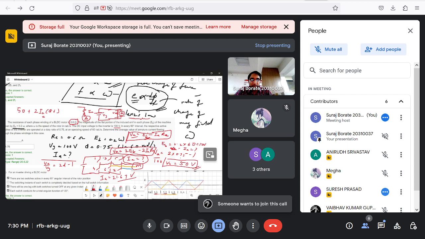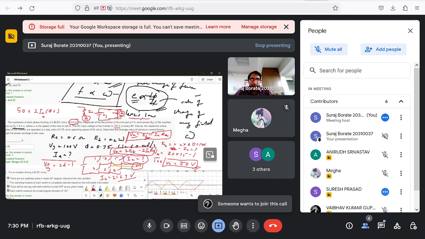But the answer that is given is IA RA plus EB. If you use this formula, you will get the right answer, but I am not very sure about this formula. I am missing something, or ideally it should be in this way. Okay, let's move on to the next question. But you understood, right?